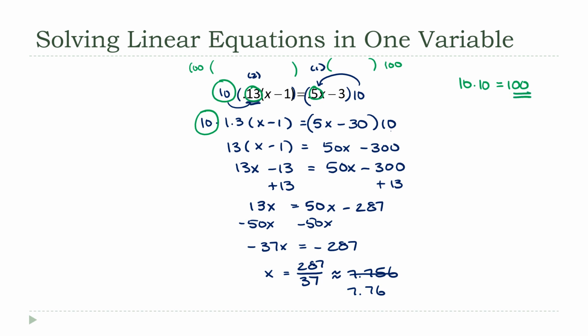Just another quick example: if I have 0.137 times x minus 1, this has 3 decimal digits. So in this case, I would multiply both sides by 1,000. Just like we saw with the fractions, that way you can eliminate the decimals with one calculation.